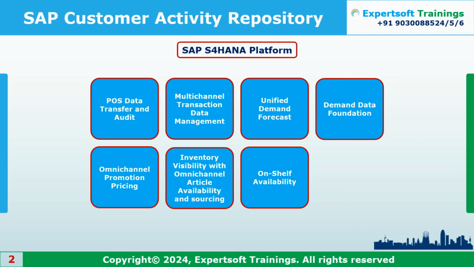Earlier it was called R3, then ECC, and now S4. Now when we feed that data back, we need to do two things. One is you post financials for that data, and you reduce your inventory for that data. But since the data was huge, you can't send that as it is.